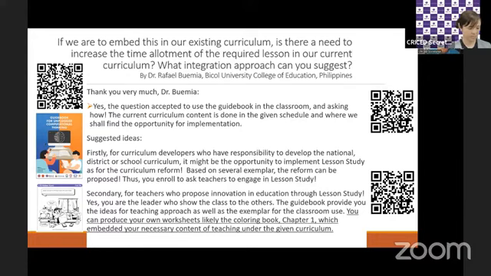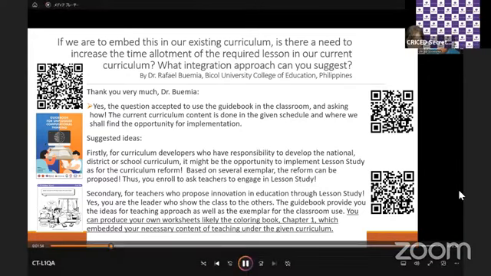And the suggested idea is the following. It is up to who you are. Firstly, for curriculum developers who have the responsibility to develop national, district, or school curriculum, it might be an opportunity to implement lesson study as curriculum reform.